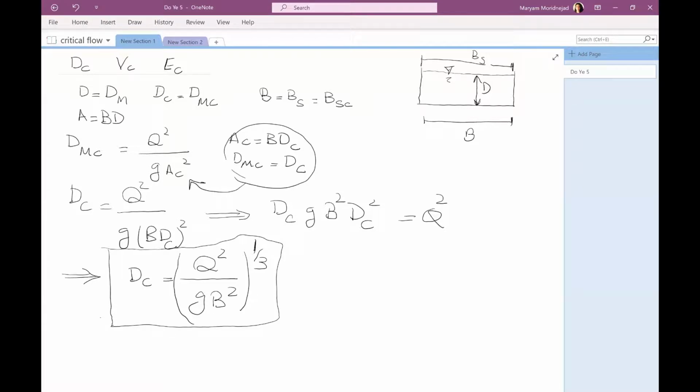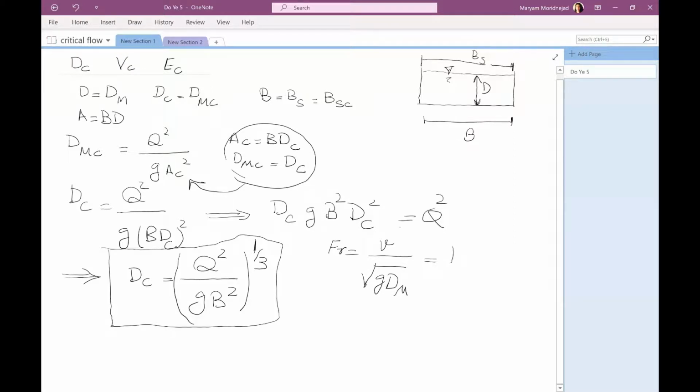So now let's see how we can find the critical velocity. From the Froude number formula, we know that the Froude number is V divided by the square root of G dN. And in critical flow, this equals 1.